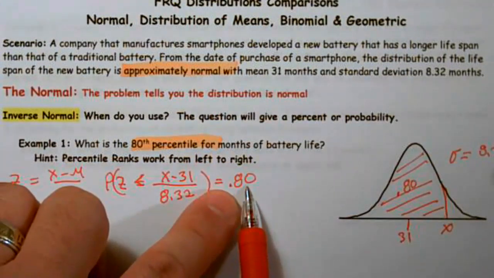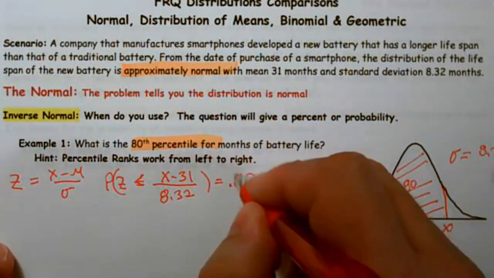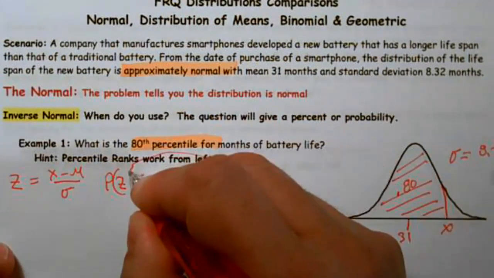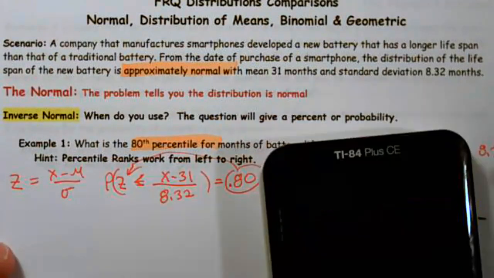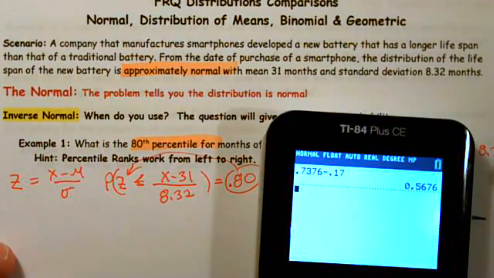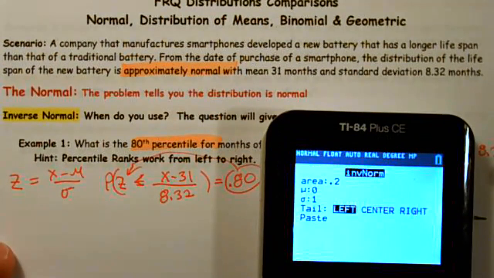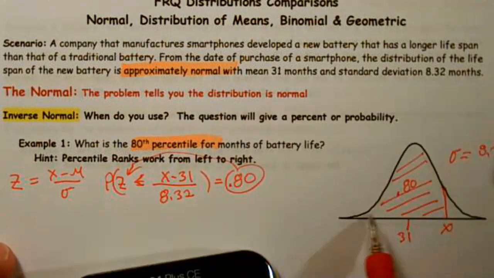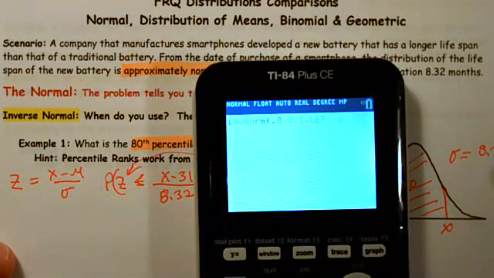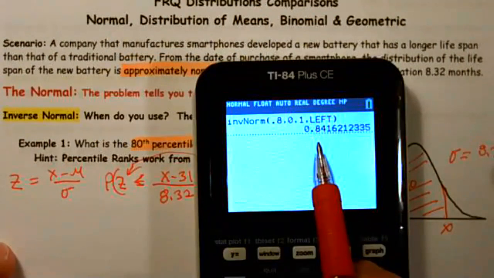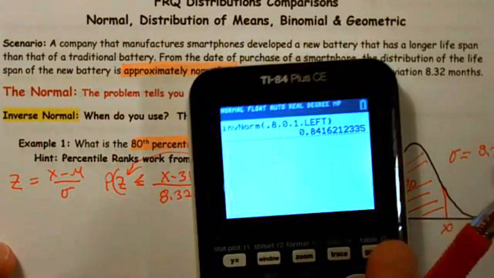Unfortunately, I need to convert this to a z-score, which is where I use second var's inverse norm, 0.80. We're working from the left because most of the calculators we have work from the left. So that's 80%, and we end up getting a z-score of 0.8416.